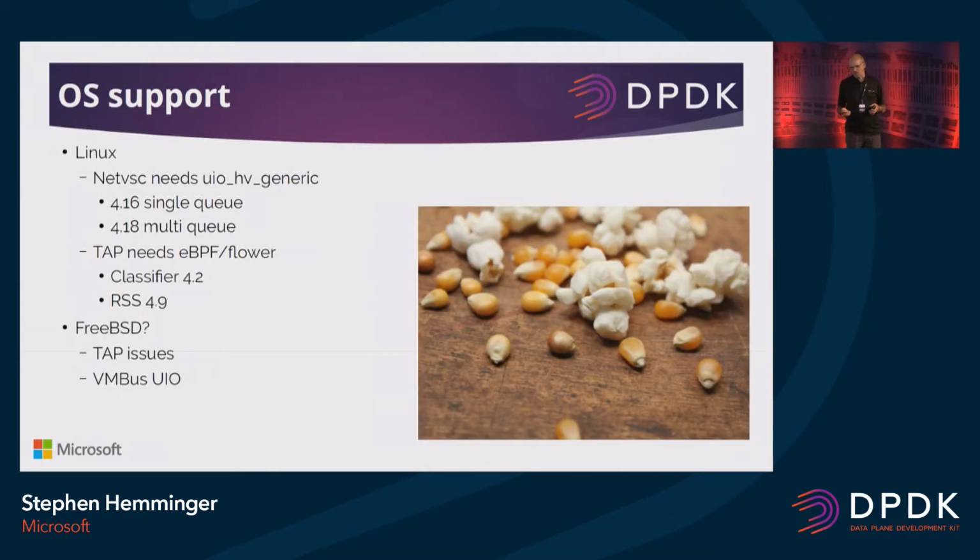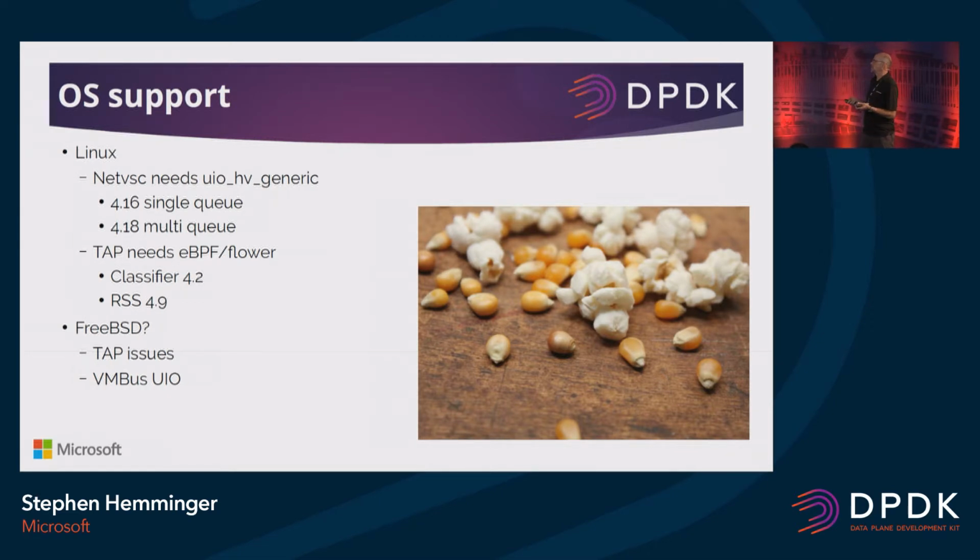And OS support. There is a certain amount of kernel stuff that, even though it's not large in volume, has to be backported as well. So if you're using the Netvsc PMD driver, you obviously need the UIO support. There was an early version put in 4.14, but it doesn't have enough to be useful.